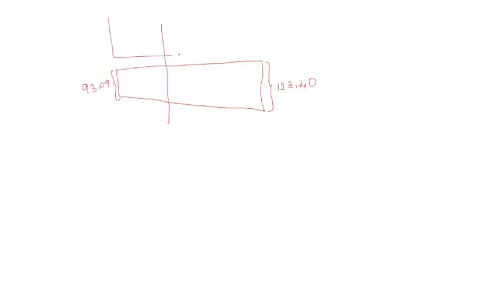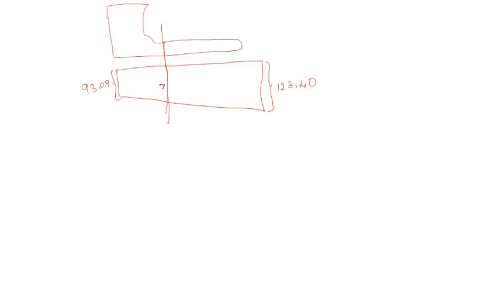See what my pressure diagram was. It was like this. Here I have got 93.09, and the full value here is 123.40. But I need the intensity at this point, supposing this is my retaining wall.